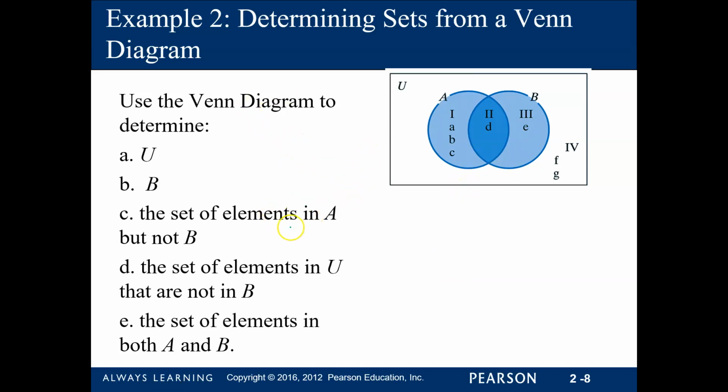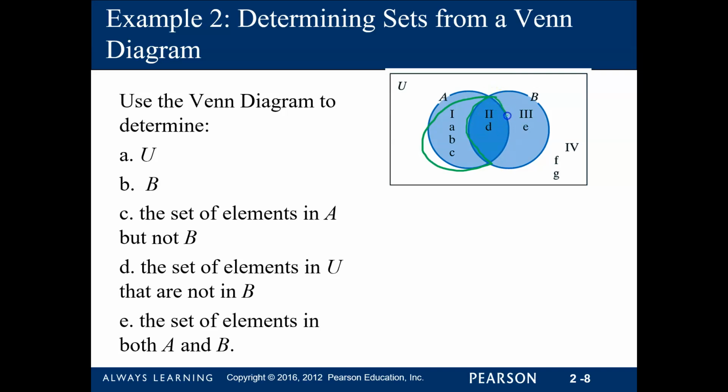Now, one thing that I would like to emphasize here is that the Roman numerals here, the 1, 2, 3, 4, you can use them when you are asked about the area. So area 1 is this part.